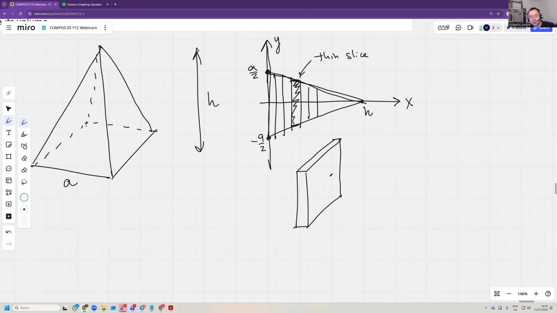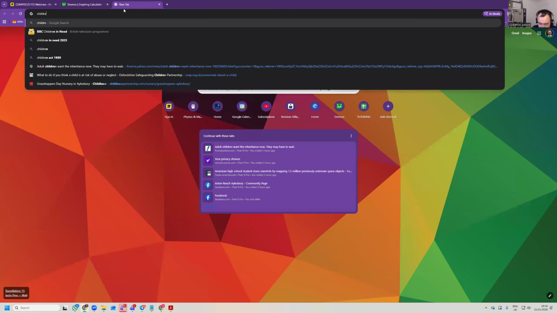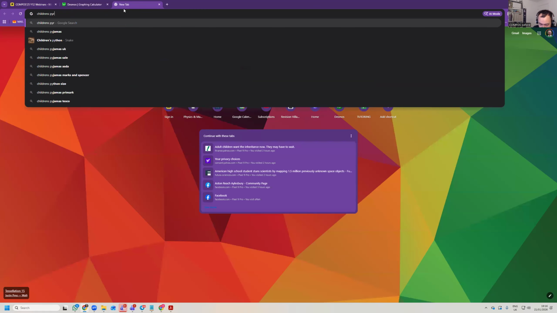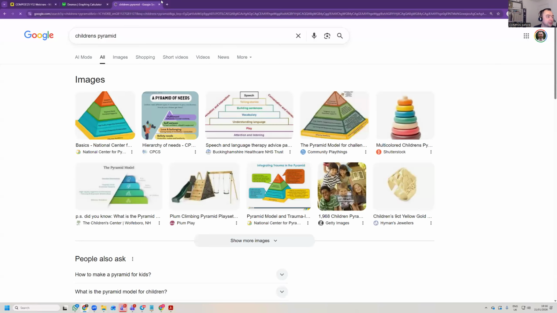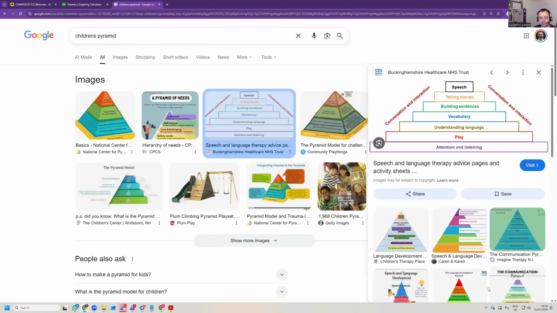So you can think of the pyramid as being made of cuboids of smaller and smaller size, like the children's toy where you have a big circle, smaller circle, like a pyramid. Yeah, something like that. Obviously not, but you can think of the pyramid as made of slabs.